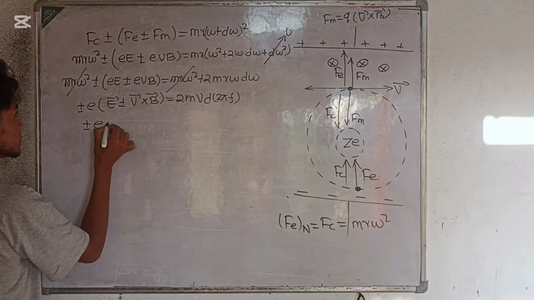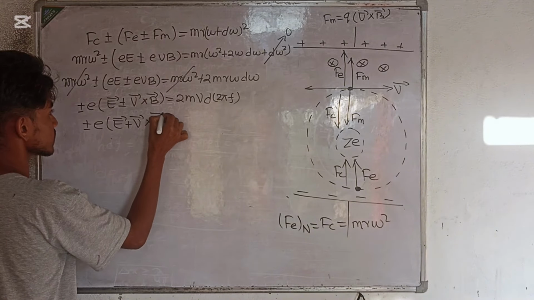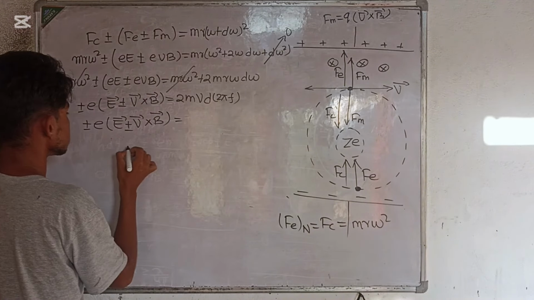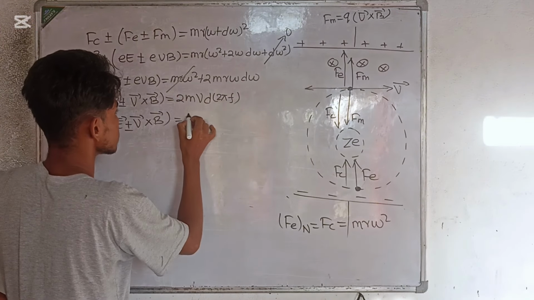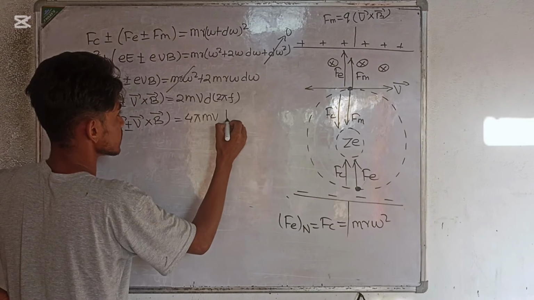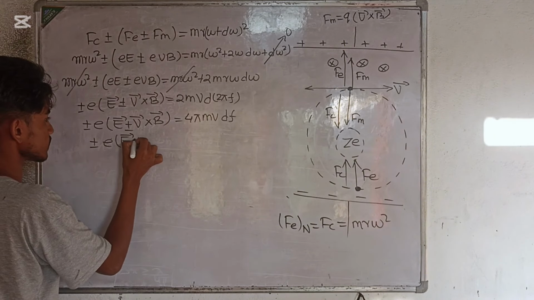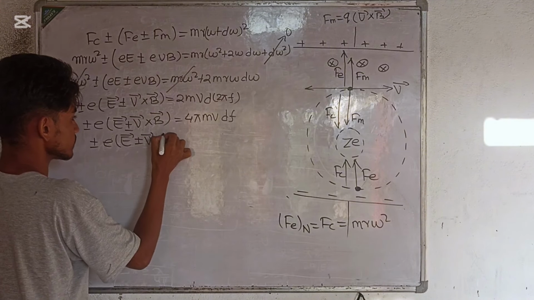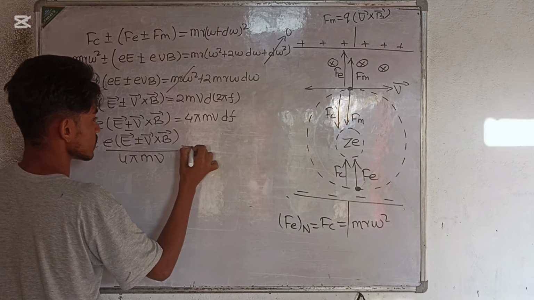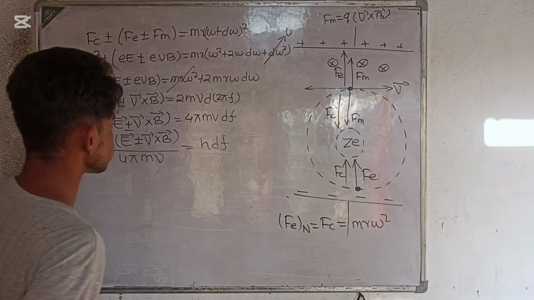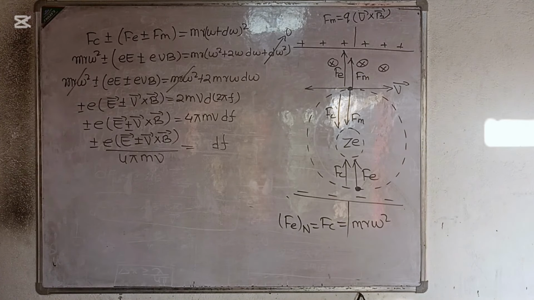So plus minus E vector plus v cross B vector equals, if you take 2 pi out of this differentiation, you will get 4 pi mv df, right? So plus minus E vector plus minus v cross B by 4 pi mv equals h df, sorry, df. So are you with me? I guess so.